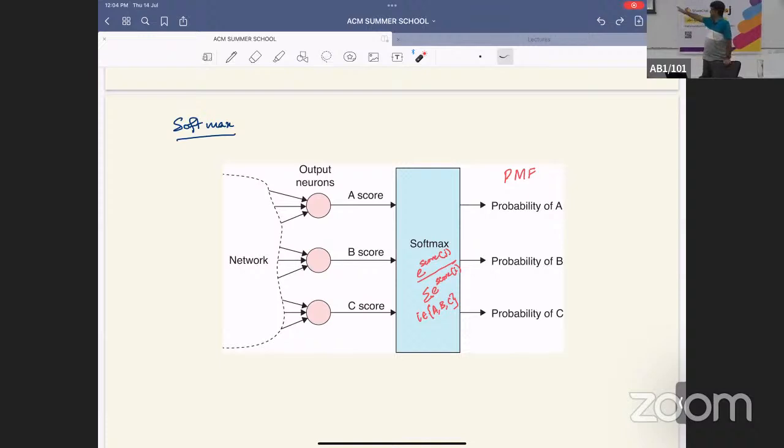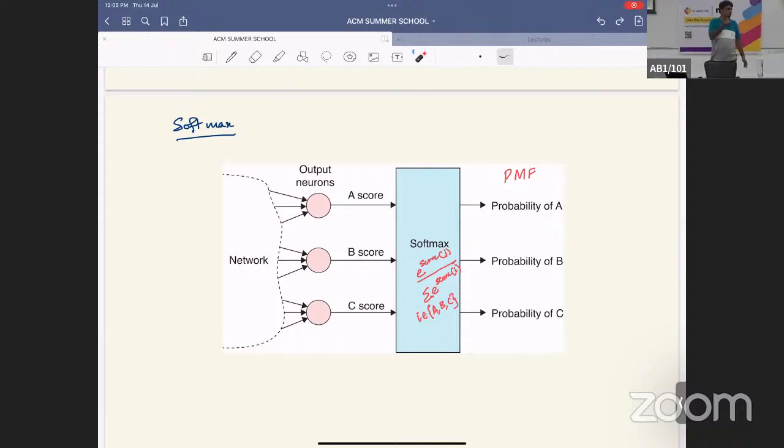If you do that, you will get the probability of A, probability of B, probability of C. It is a probability mass function. For a 3-class problem, the random variable takes the particular class of that object. It could be 1, 2, or 3, or here A, B, or C.